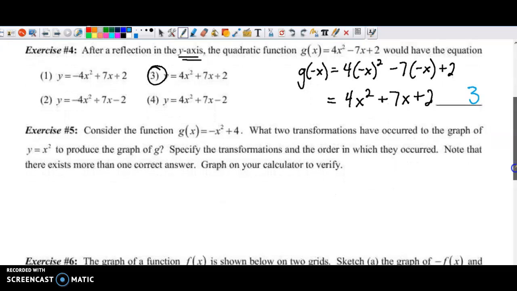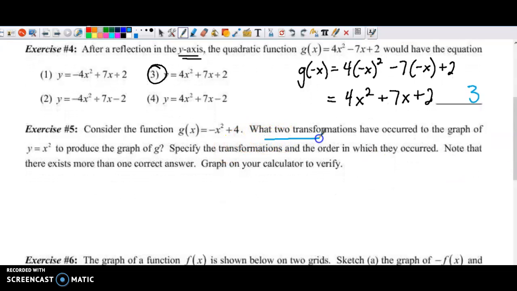Our next one, we have the two transformations that have occurred in order to get this function. So we're going from x squared to this. I like to talk about reflections first. Notice that since we negated on the outside, I like to say over.